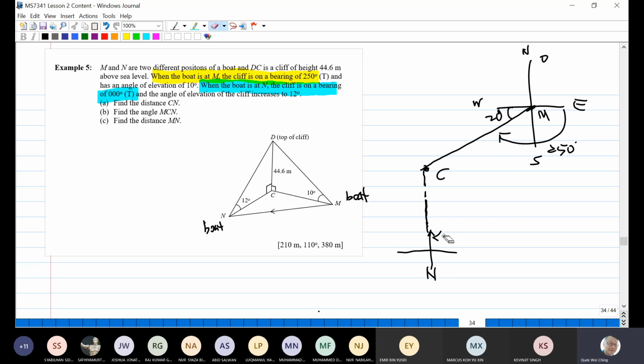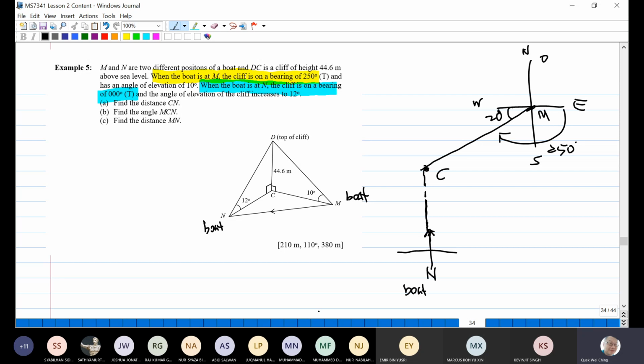So we need to write: this is directly on the north side of N. So instead of drawing 000, we know 000 is directly at the north. So the bearing is 0 degrees. This is how the diagram looks like.